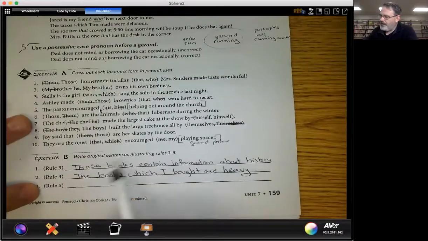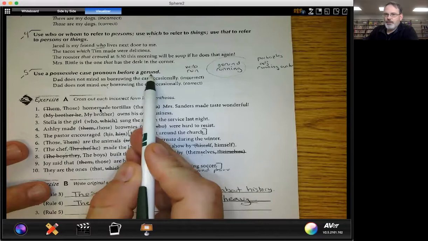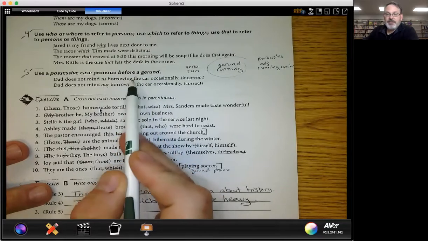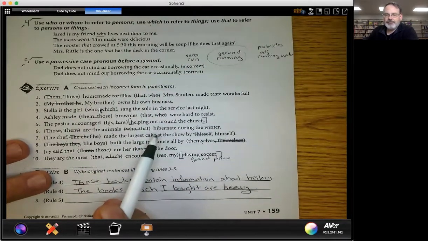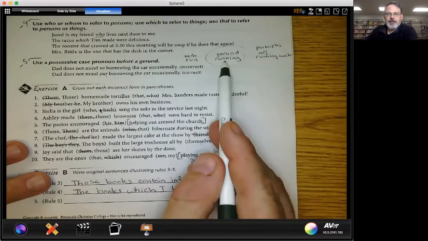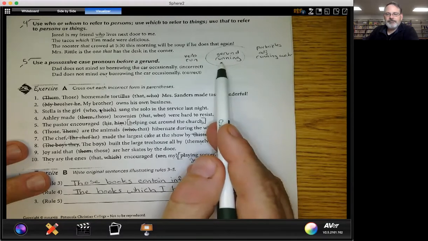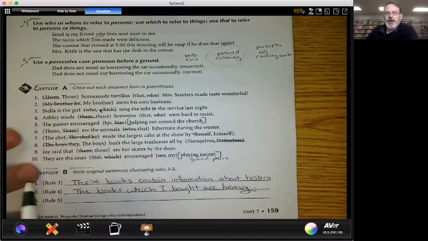All right, rule number 5. Use a possessive case pronoun before a gerund. So we need to come up with a gerund to use. Well, let's just use running, okay? Let's make this pretty simple. Let's do running marathons.